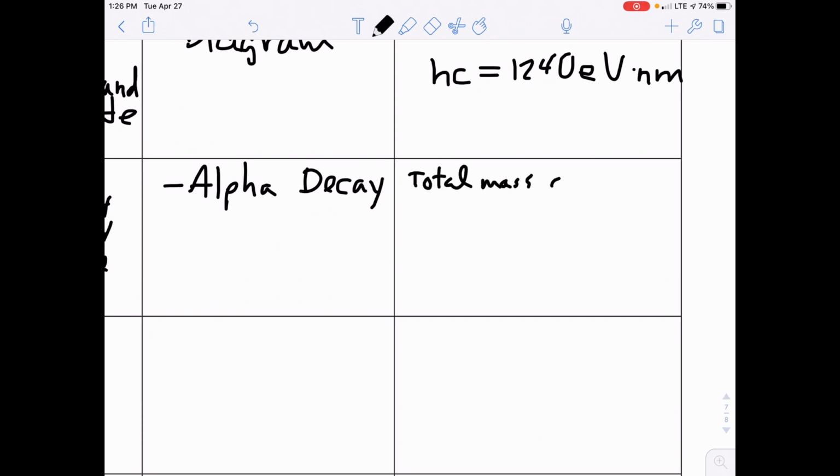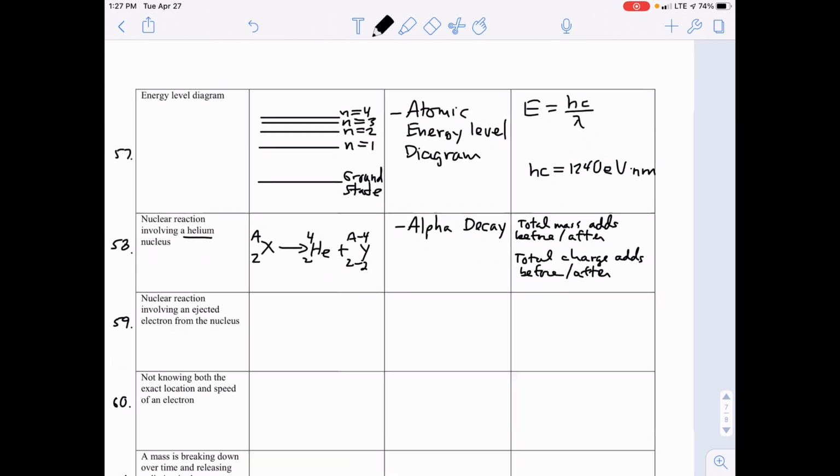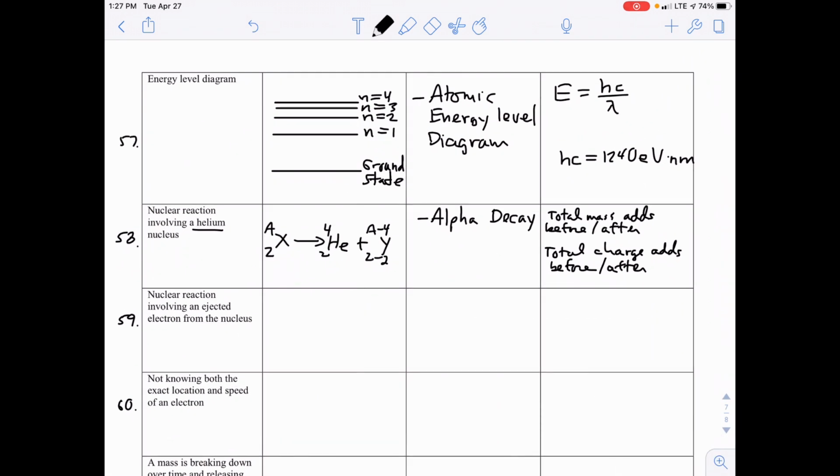Total mass adds before and after, and total charge adds before and after. Now, multiple choice alpha decay problems typically look like this.